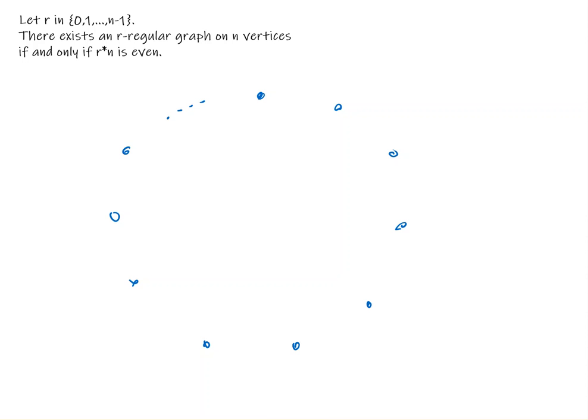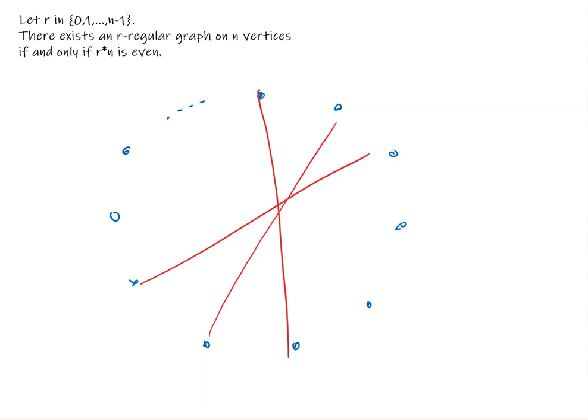Degree 1, we only have to do if n is even. So if n is even, we can get degree 1 by always taking the exactly opposite vertex, like that.